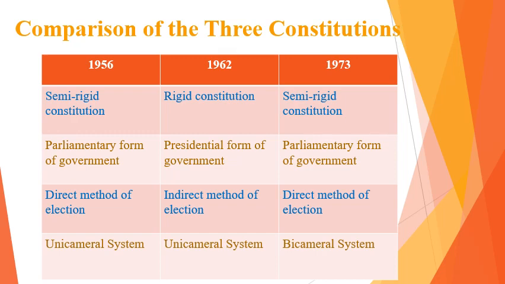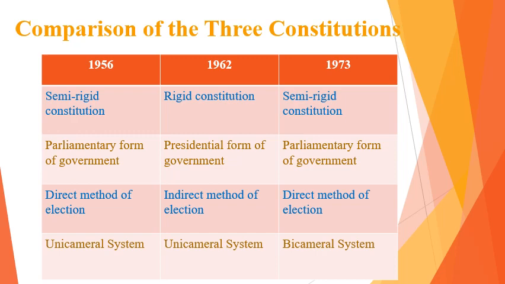And the two are accountable for the actions. Secondly, in 1962's constitution, presidential form of government, here the Prime Minister is not the supreme power, rather the President has the sole authority. 1973's constitution is also just like the 1956 constitution, that is parliamentary form of government.